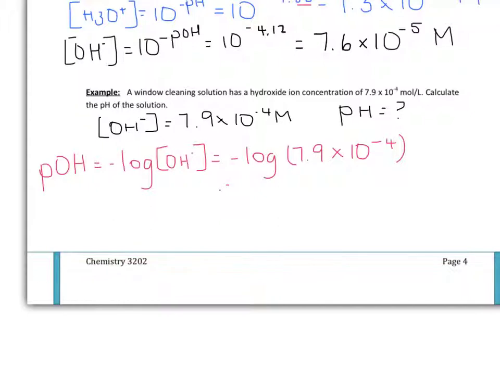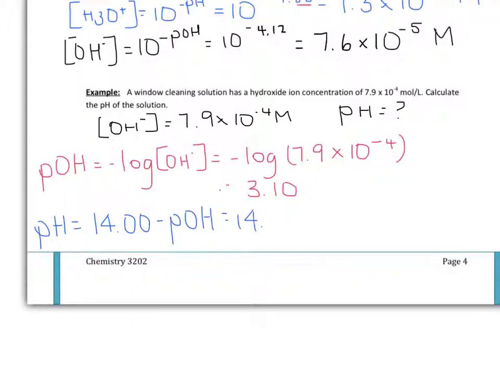Negative log of 7.9 times 10 to the negative 4 with its 2 significant figures will give me a pOH of 3.10. From there, I can then find pH by subtracting the pOH from 14.